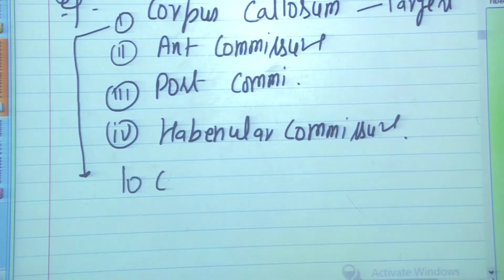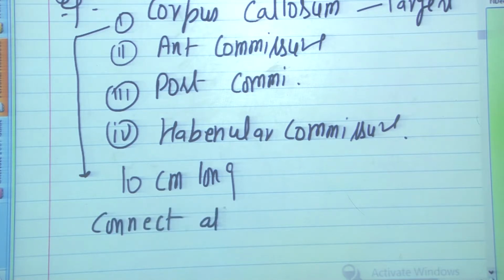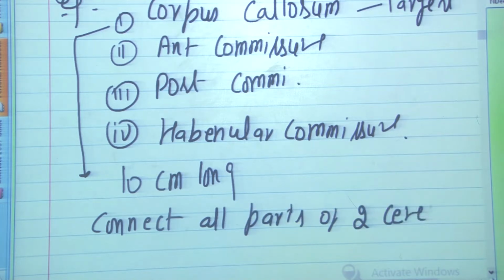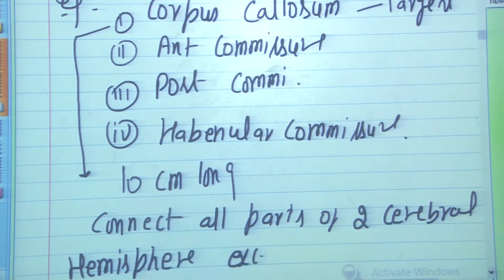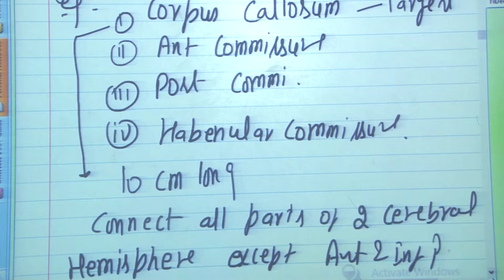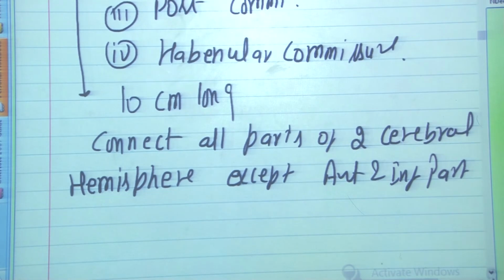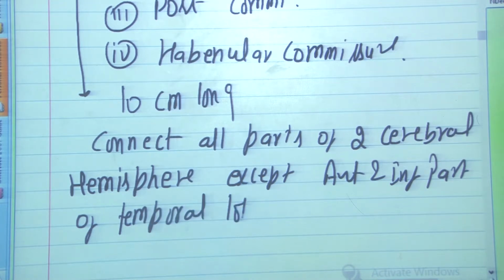It is 10 centimeter long. Corpus callosum connects all parts of the two cerebral hemispheres except the anterior and inferior part of the temporal lobes.